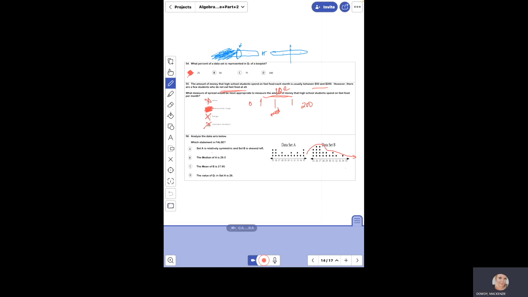That way, it's actually skewed right, because our arrow goes that way and it's bigger at this end here. If it was skewed left, we would go this way. So I'm going to say right off the bat that A is false.